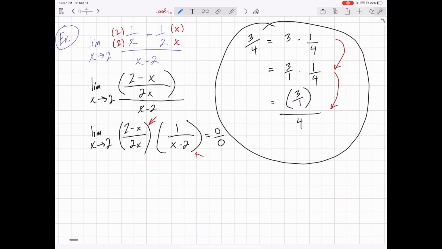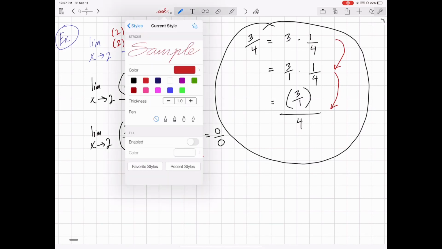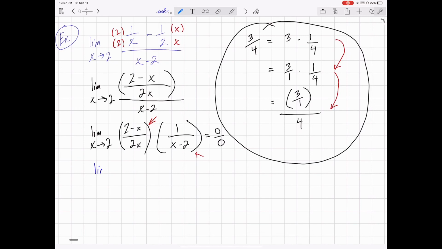They only differ by a negative sign, so I'm going to factor out the negative sign. It doesn't matter which side you do it to, it's going to have the same result. But if I take it out of the 2 minus x, I would then have negative times, and I'm going to switch the terms around so it looks the same, x minus 2 over 2x times 1 over x minus 2.